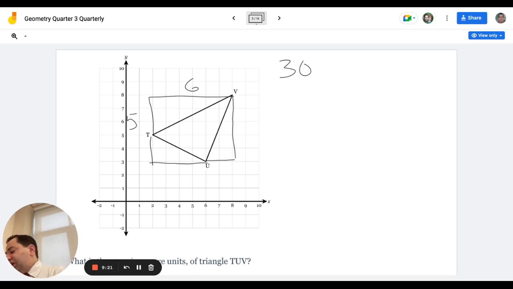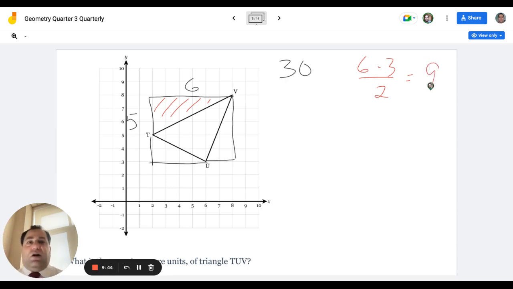So I'm going to change colors and let's look at this triangle first, this red triangle here. It's 1, 2, 3, 4, 5, 6 units by 3 units. So we're going to do 6 by 3 divided by 2 is 18 divided by 2 is 9.